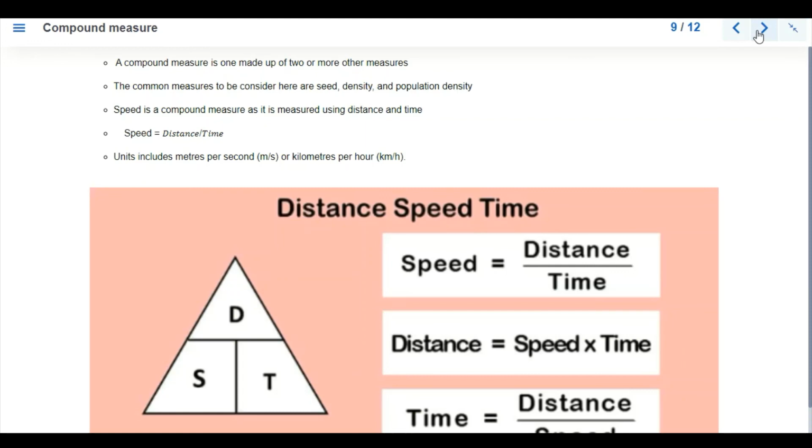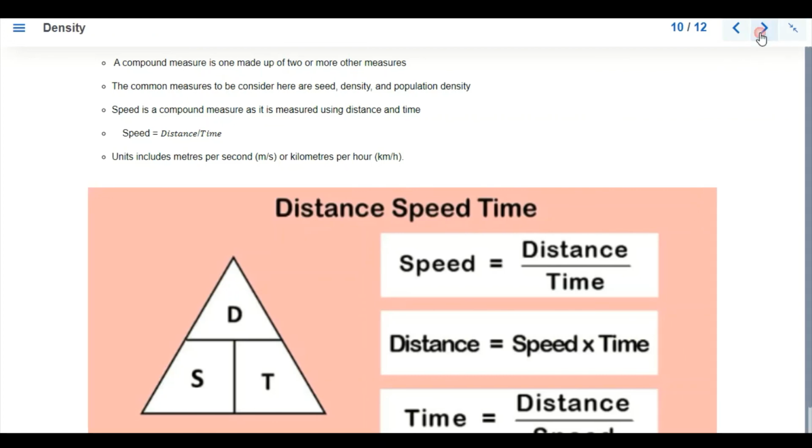Speed is calculated as distance over time. Then the unit can be meter per second or kilometer per second. Now for distance, it is calculated as speed multiplied by time. And for time, we can calculate it as distance divided by speed.